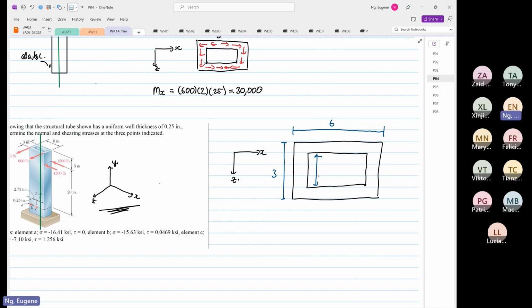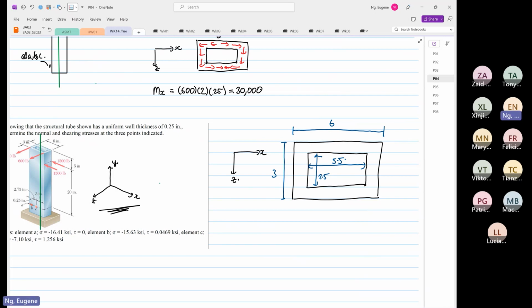And then this distance over here is 5.5, that is 6 minus 0.25 twice. And 3 minus 0.25 twice is 2.5.